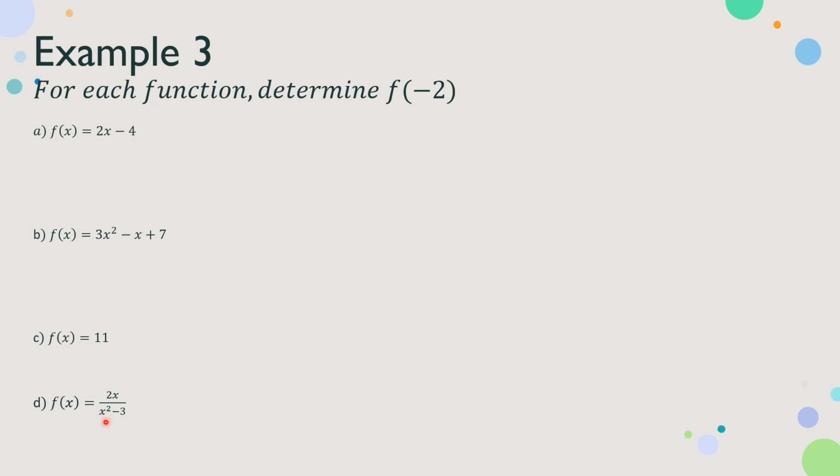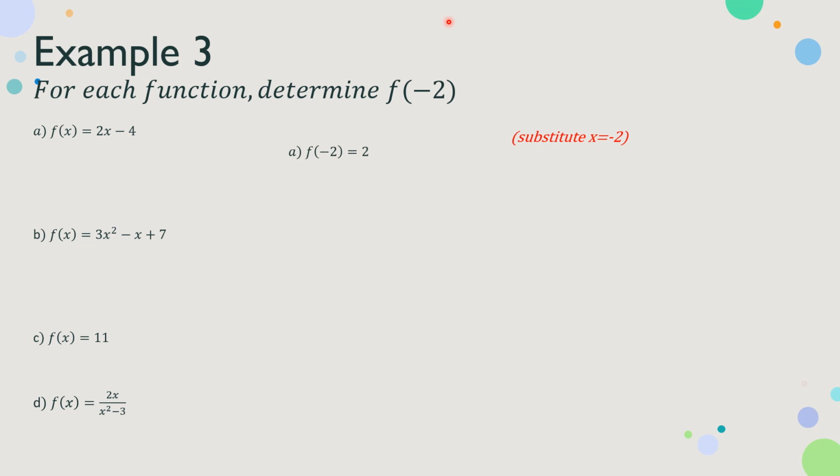And then this one is rational, kind of an ugly looking equation here. All right, so we want to determine f of negative 2. So this means we just need to substitute x equal to negative 2 into the function. Okay, so we're going to take negative 2 and plug it in for x in each one of these.